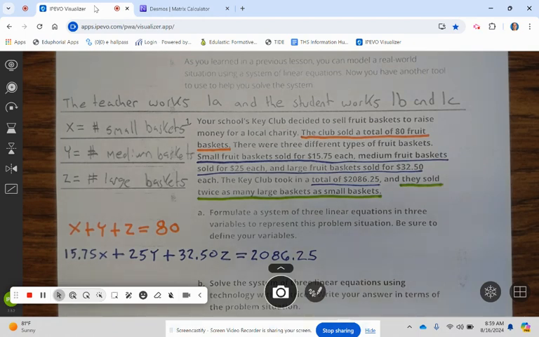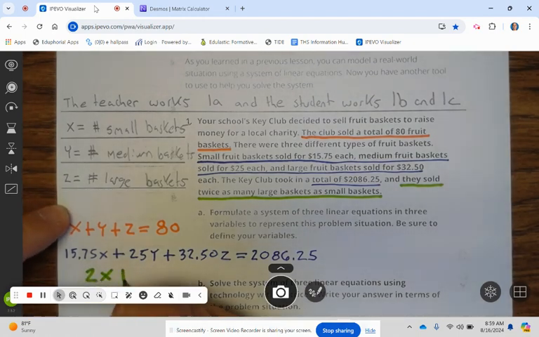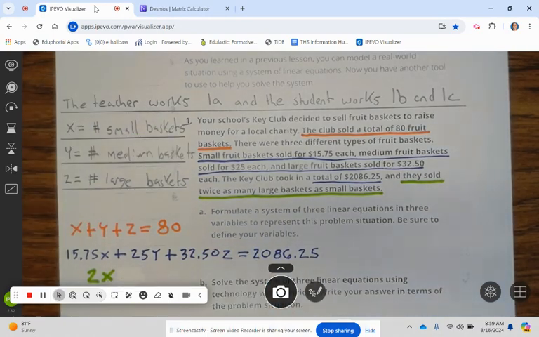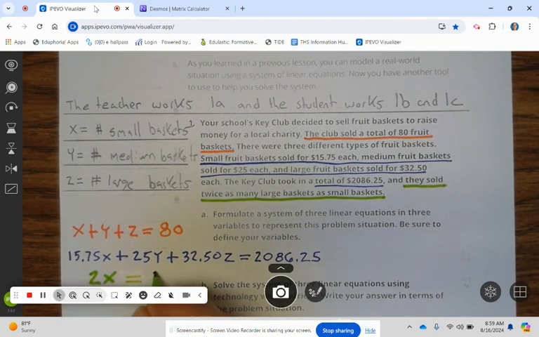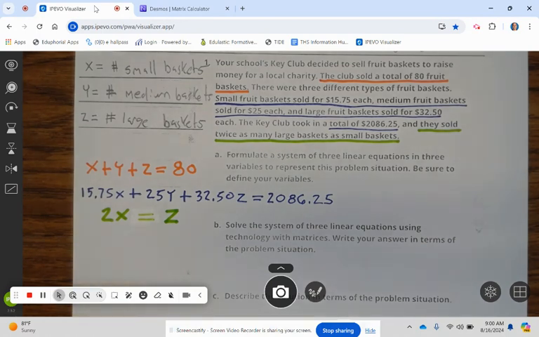That means that 2x equals z. All right, go ahead and write that down, and then go ahead and finish 1B and 1C on your own.